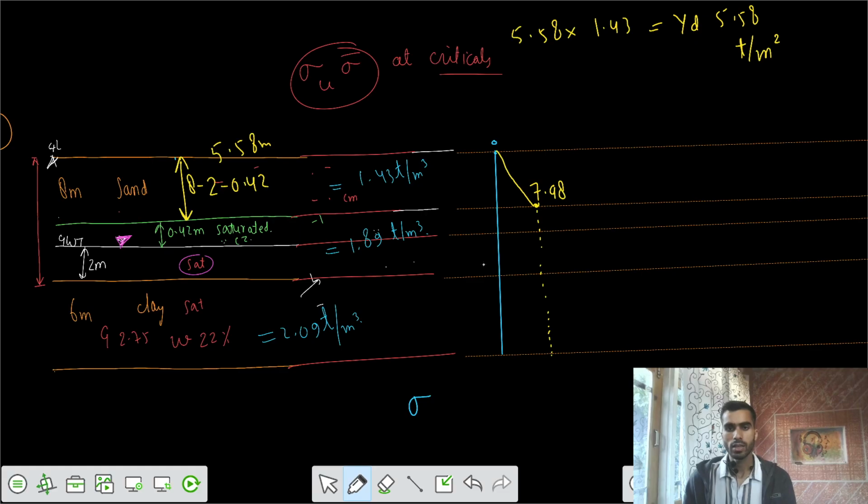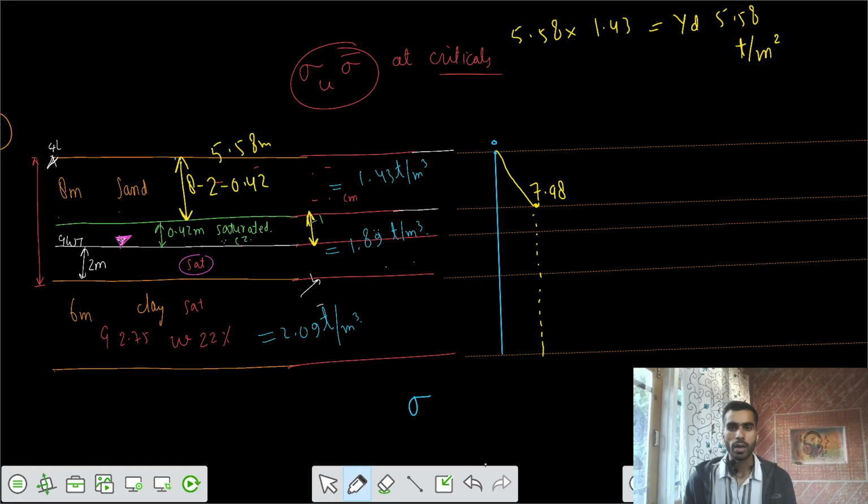That would be acting as a surcharge now. After that, we have the saturated capillary zone, in which we have gamma sat of 1.89.